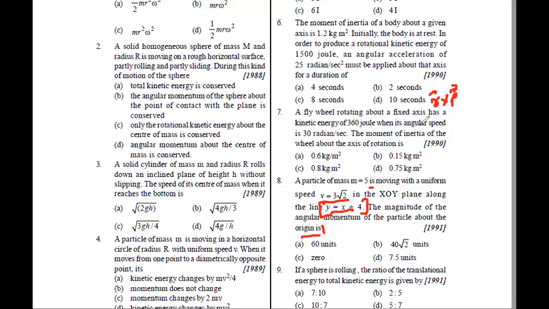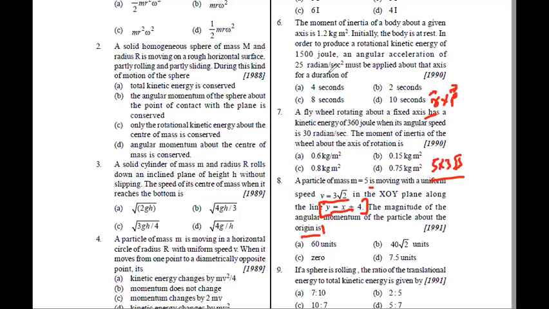I can find the perpendicular distance, right? Got it? Because p is given. P is what? P is 5 into 3 root 2. This is P. You have to find R and the angle between these two. Got it? Tell me, got it?